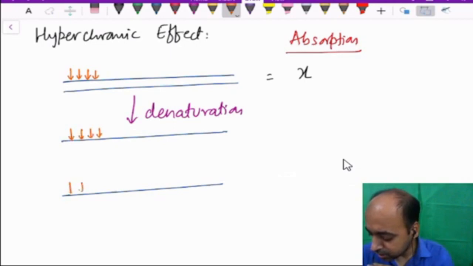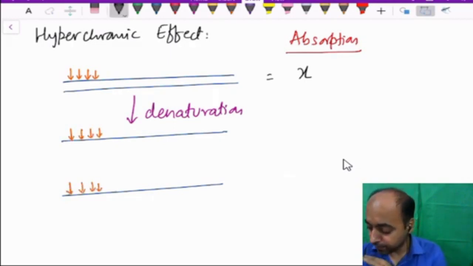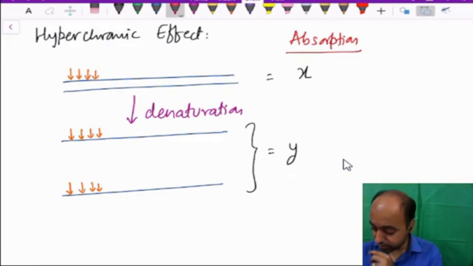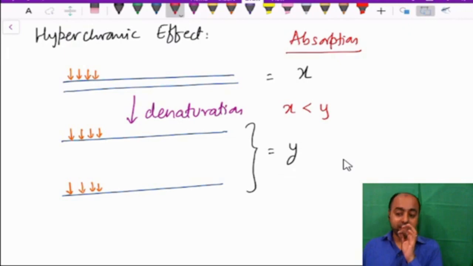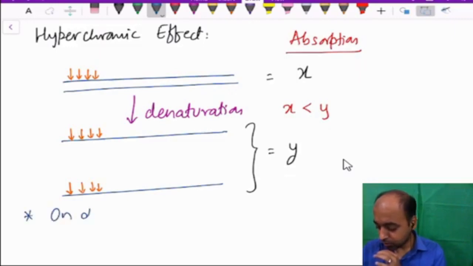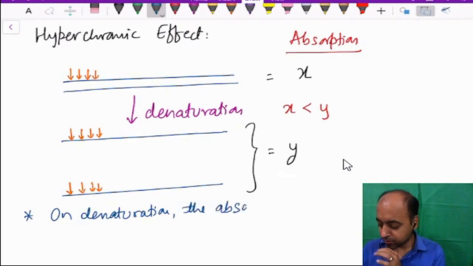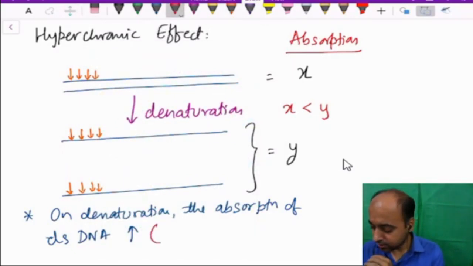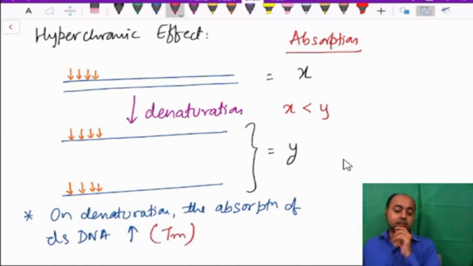And the absorption comes out to be Y. As you can see, very obviously the relationship between X and Y. In other words, hyperchromic effect says on denaturation, the absorption of double stranded DNA increases, and the temperature at which the denaturation occurs is known as the melting temperature.